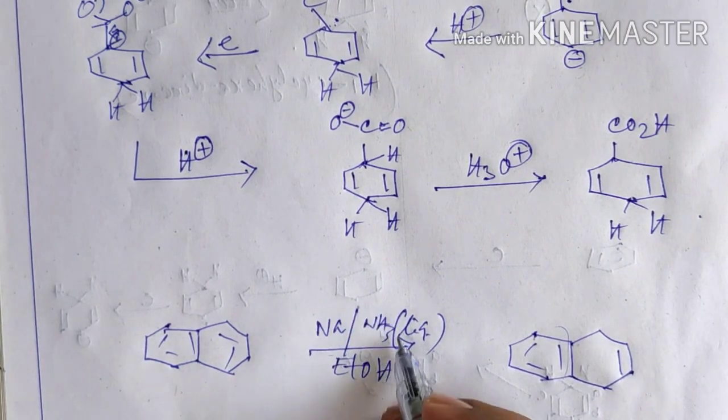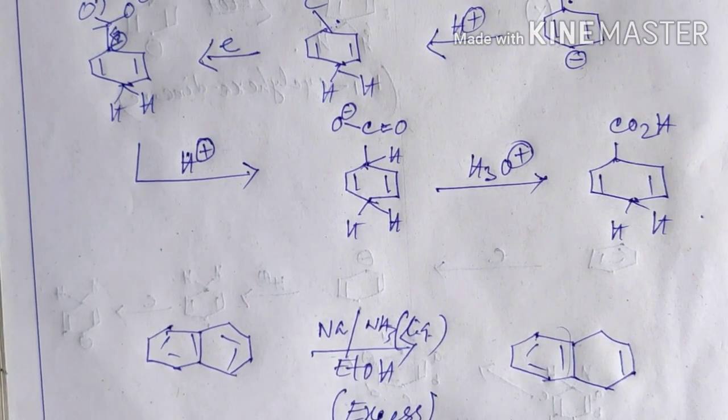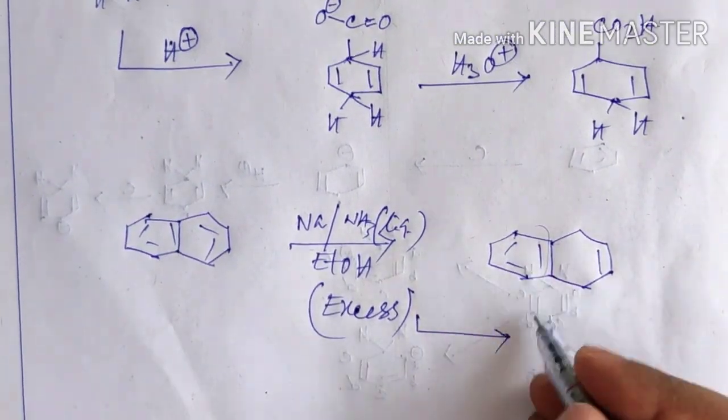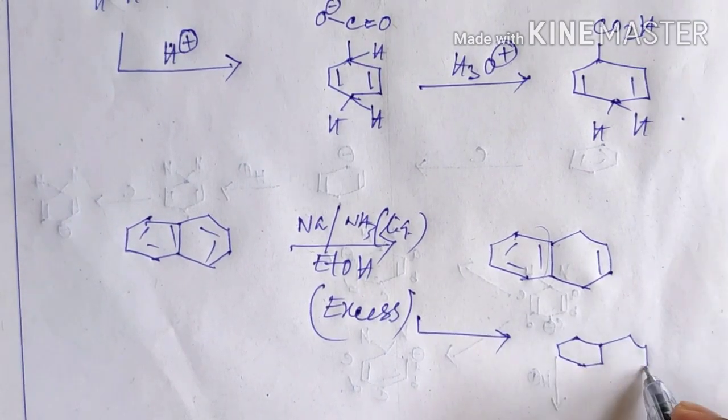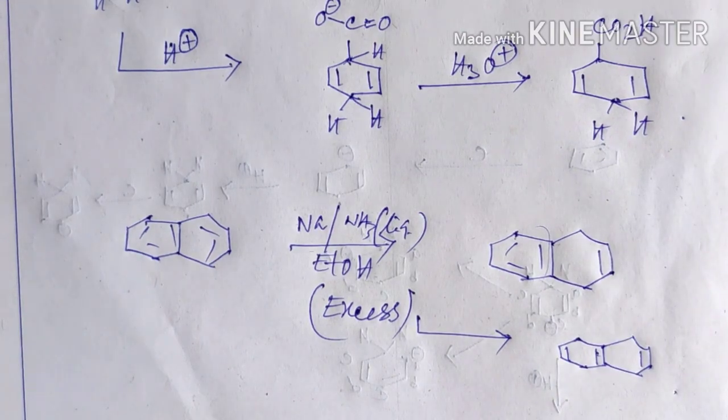If the reducing agent is used in excess, then the second ring will also be reduced, and the product will look like this.